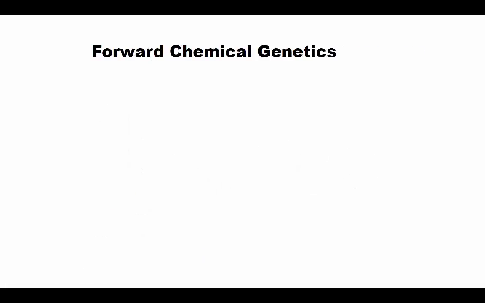Using this big picture, now let's think of the step-by-step procedure of forward chemical genetics. The first step is you need to define your problem. This is exactly the same as the problem I cast to you for your proposal. You need to think what can be an important problem you want to solve, somehow biologically related or medically related, and then utilize chemicals as tools to solve those problems.